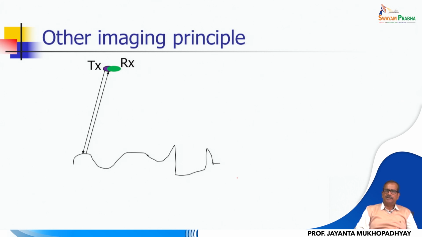With this mechanism, you can measure the distance to the surface point, because you can observe the time difference between the start of transmission and the point of reception, which is called time of flight. If you know the velocity of the wave, in this case the sound wave, in that medium, and you multiply it with the time, it gives you twice the path it travels. So that gives you the distance.